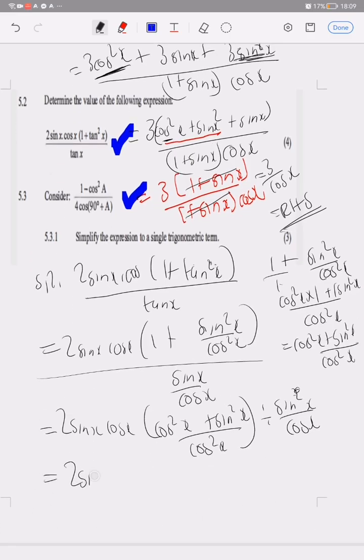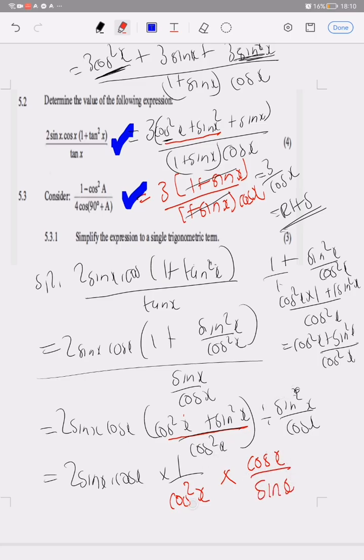This will be 2 sine x times cos x times 1 over, remember this is an identity, it always gives you 1, 1 over cos squared x times cos x over sine x.